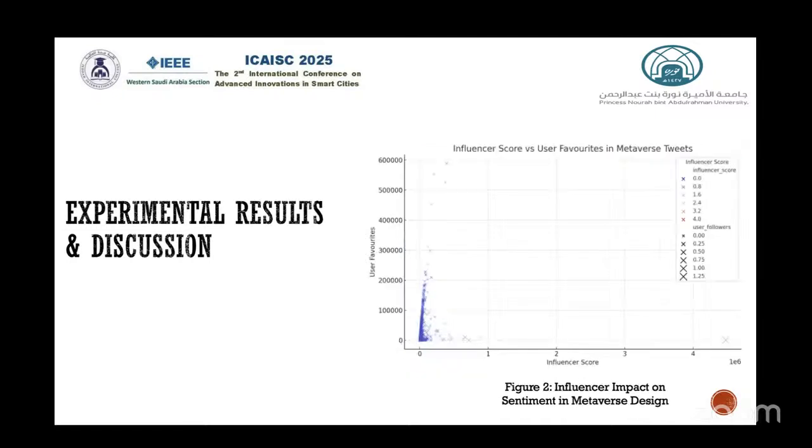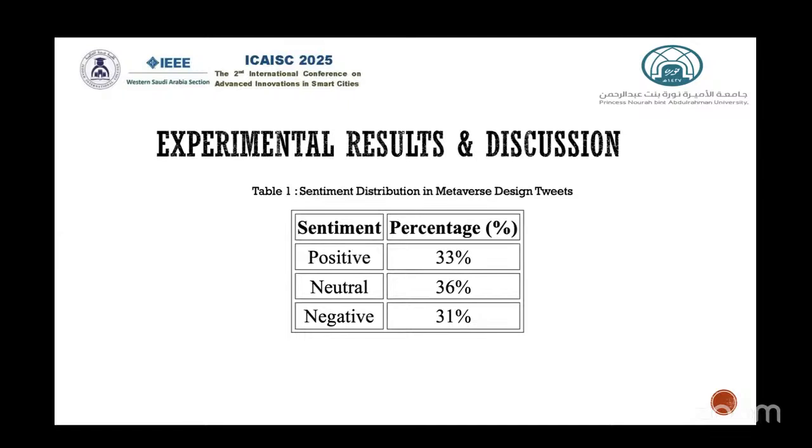That's Figure 1. Figure 2 shows the impact, which is a very important part, to know the impact of the number of user favorites. We can see it can reach up to 300,000 impact for metaverse sentiment. To verify the results, we have to know the positive, negative and neutral sentiments.